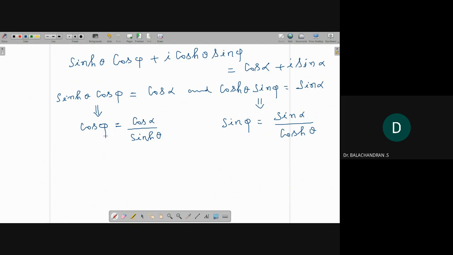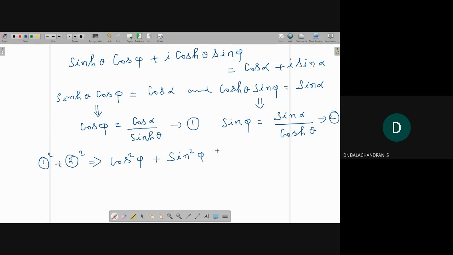So use these, 1 and 2. Just 1 squared plus 2 squared implies you'll get cos square phi plus sin square phi, which is equal to 1.